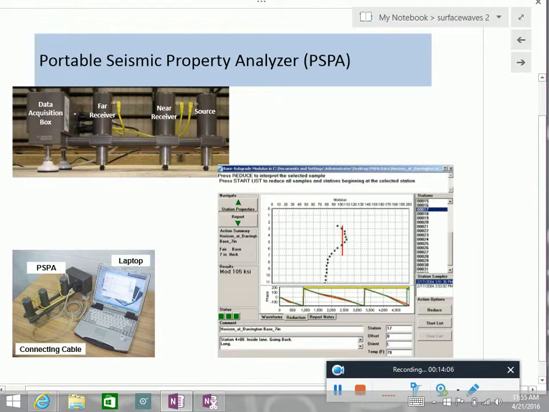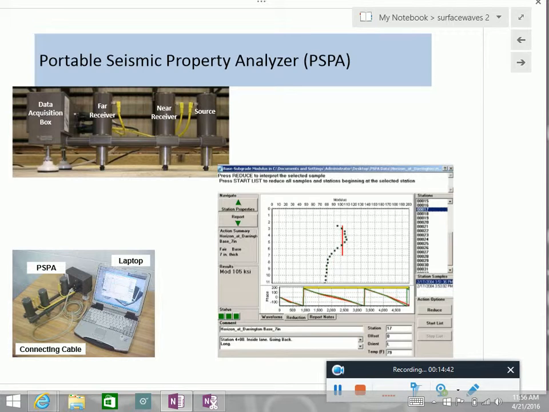So the guy, Sohail Nazarian, who I gave you the paper to read, did you get a chance to take a look at this paper a little bit? No? Okay. He also developed an equipment that you can bring to the field and very easily measure the velocity of surface waves. This is how it looked about five or six years ago.